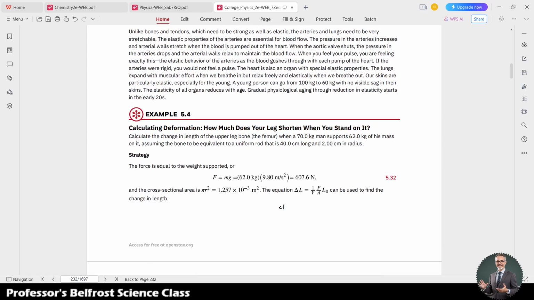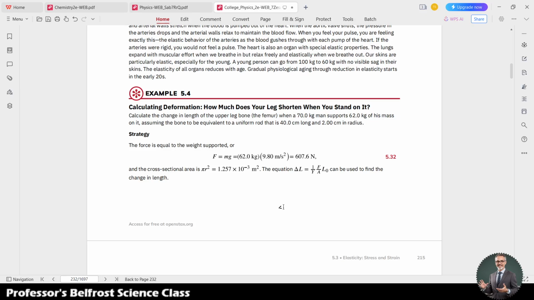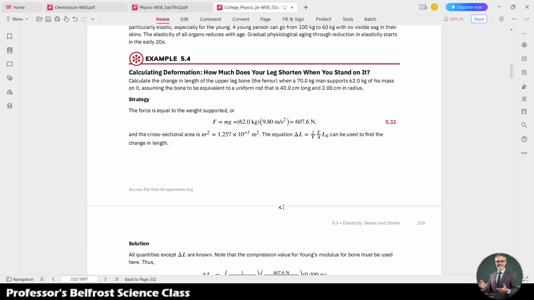Let's calculate the deformation: how much does your leg shorten when you stand on it? A 70 kilogram man supports 62 kilograms of his mass on it, assuming the bone to be equivalent to a uniform rod that is 40 centimeters long and 2 centimeters in radius.